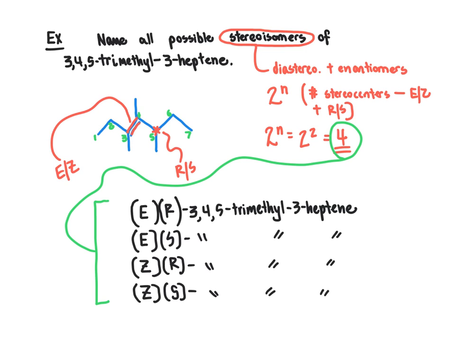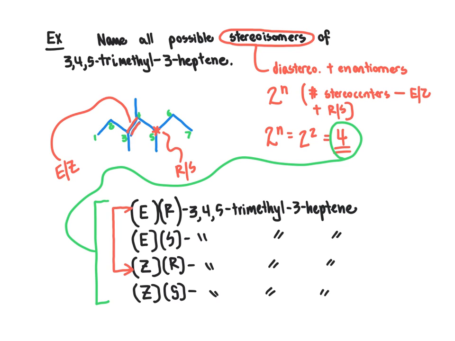So another thing that we can ask when we look at a structure, look at a set of names like this, is we can ask if we take any 2 of them, are they enantiomers of one another or are they diastereomers of one another? So for example, taking any 2 of these, we could take the top one and compare it to, say, the 3rd one on the list here.